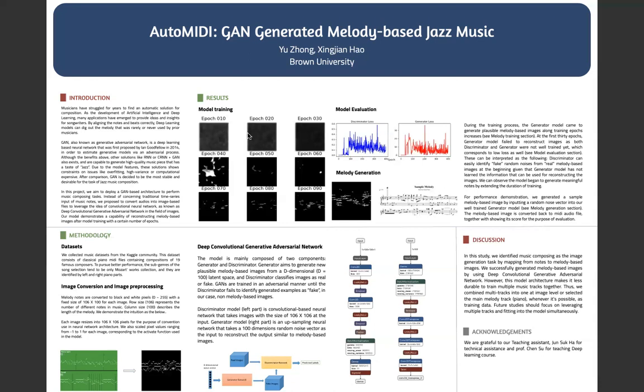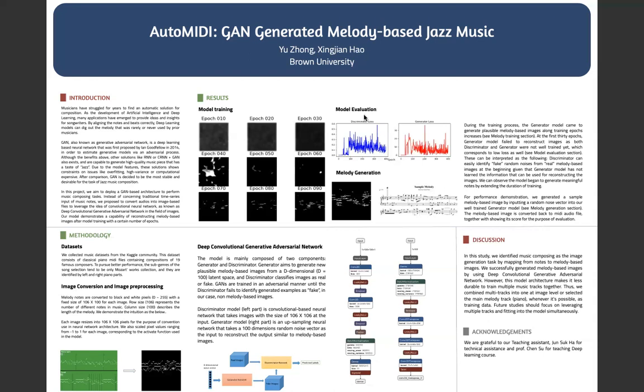So at the very beginning of the training process, you can see our model failed to generate plausible melody-based images. As you can see here, it's kind of like random noise. But our model came to generate plausible melody-based images as training epochs increase. As you can see, the result from epoch 90 here.